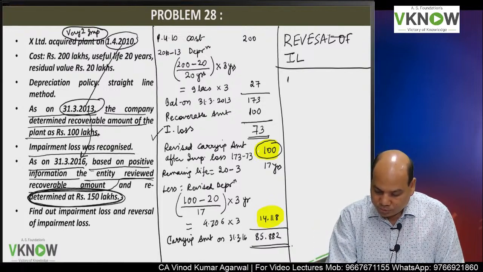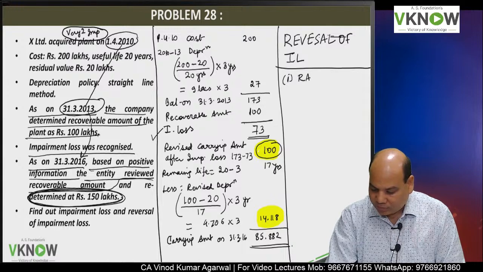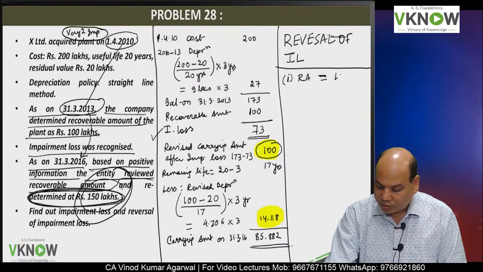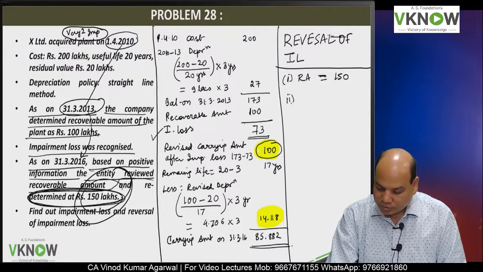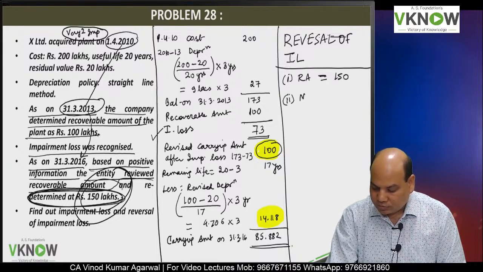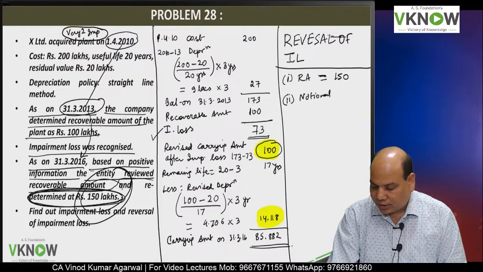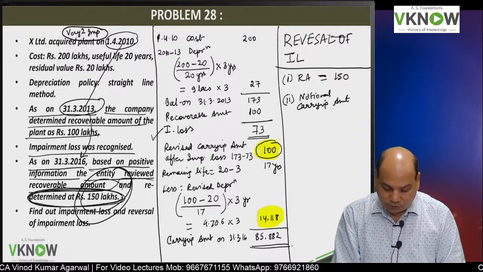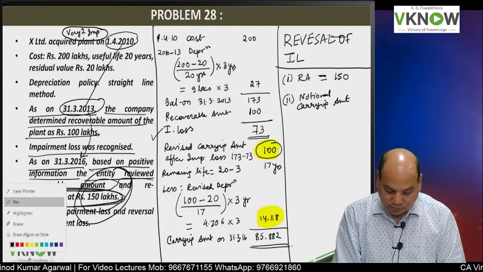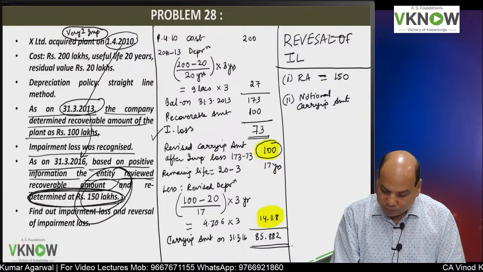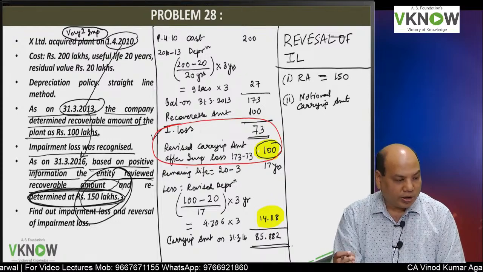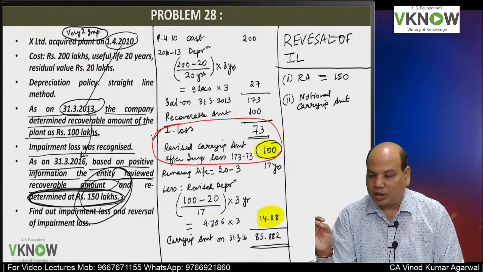First, you compute the recoverable amount, which is given in the problem here as 150 lakh, and second, you calculate the notional carrying amount. Notional carrying amount means if you would not have provided this impairment loss, then today what would have been the carrying amount?